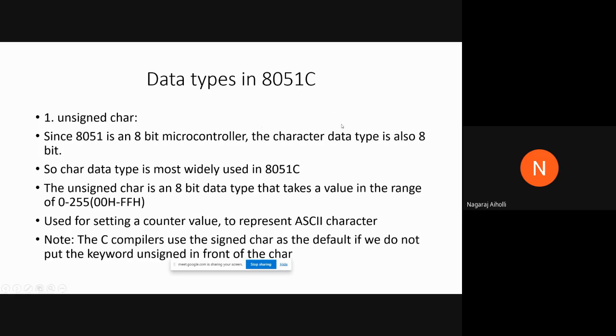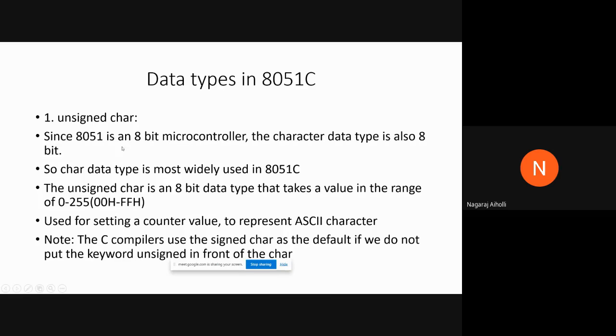The character data type is also 8-bit, and it is most widely used in 8051 C because both are 8-bit. Its range varies from 0 to 255, that is from 00H to FFH.